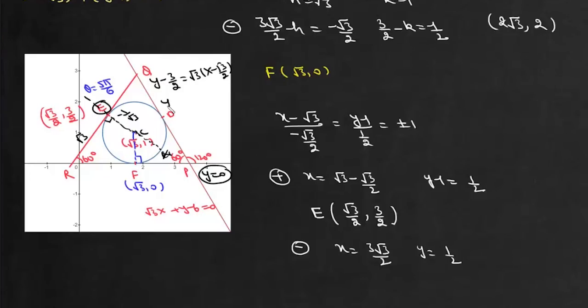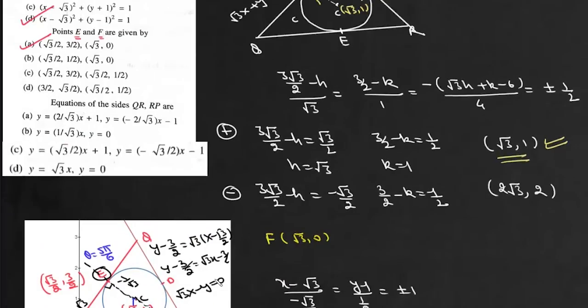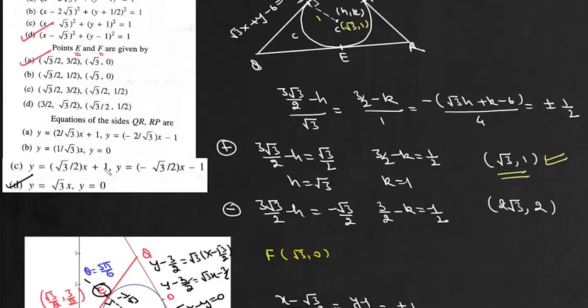So it will be y minus 3 by 2 equals root 3x minus 3 by 2. So the equation of QR is root 3x minus y equals 0, and the equation of PR is y equals 0. So the equations are root 3x minus y equals 0 and y equals 0. And that will be your option D, root 3x minus y equals 0 and y equals 0.